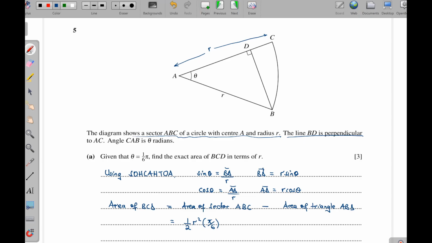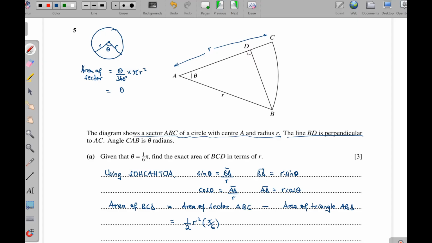And how we get this here, if we have a circle and this is the sector here, we have R and R, then it forms an angle here. So this is what we call a sector here. So the area of the sector is going to be equal to theta out of 360, if the theta is in degrees, times the portion of a circle, and the area of the circle is pi R squared.